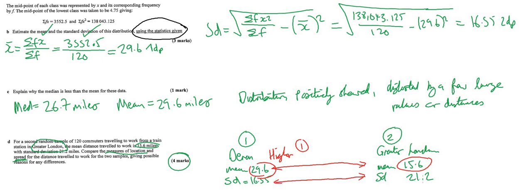The people travelling from London have a larger spread. That's going to get us a mark. Now we need reasons. Why might the people from Devon be travelling further? It's the countryside. Population density is much lower. People live further away from where they work. There's a mark.